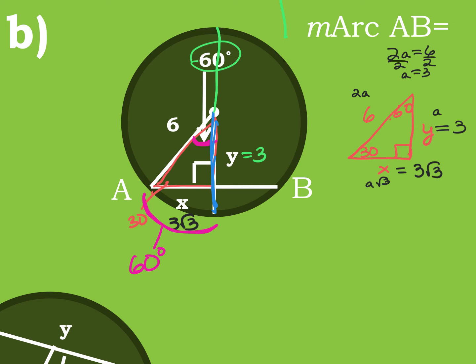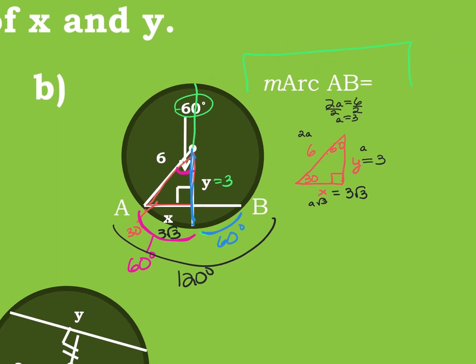So if this side is 60, then this side over here is 60. And then for arc AB, I can use my arc addition and add 60 plus 60, and this will be 120. So arc AB is 120 degrees. You knew that.